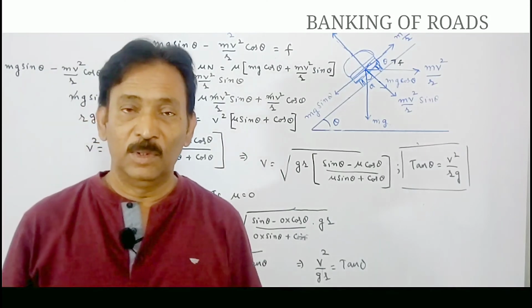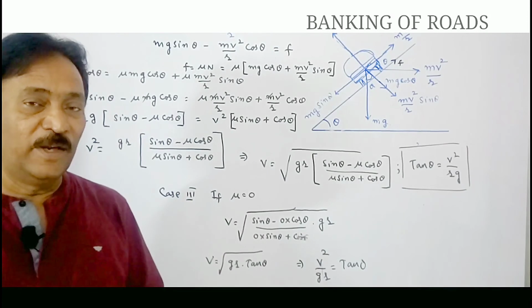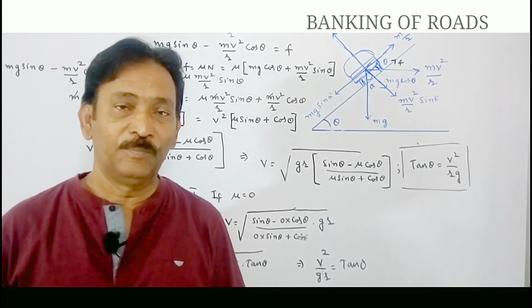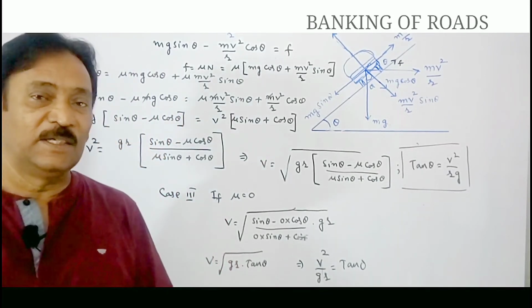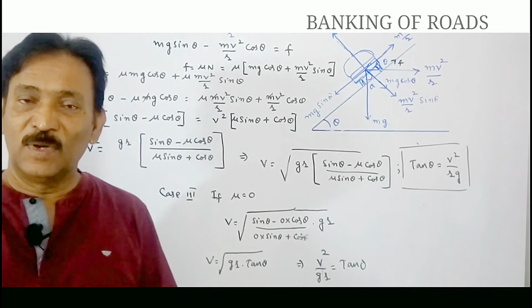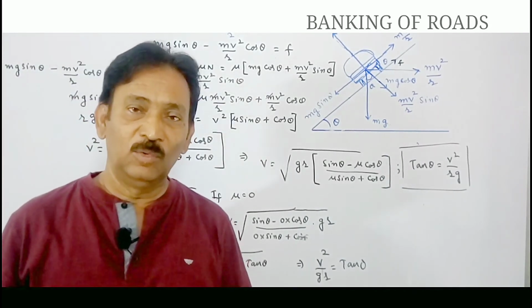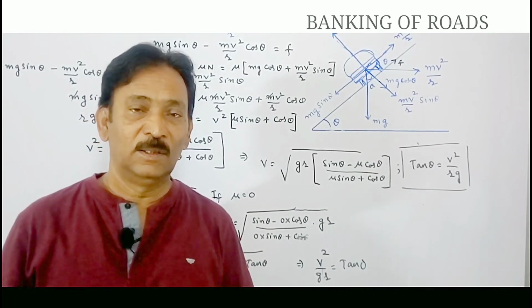Students, I hope you understood this topic very well. It is very useful for solving problems to find the safest velocity of the vehicle, as well as to what extent we have to bank the roads. I hope you have followed the class.